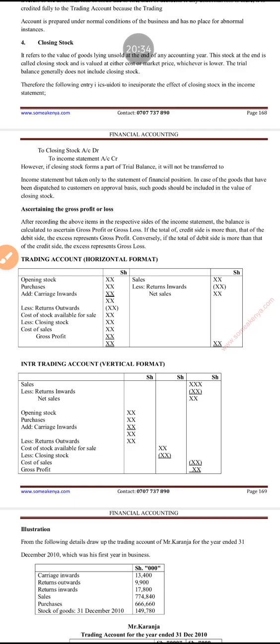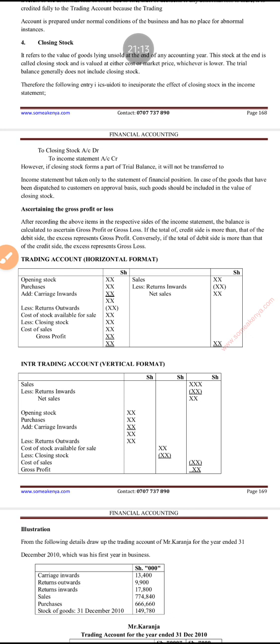In terms of the law of sale of goods, the title or ownership of goods still remains with the seller. The ownership has not passed yet to the buyer, and therefore the buyer may accept the goods or may reject the goods and return them back. That is a sales return.